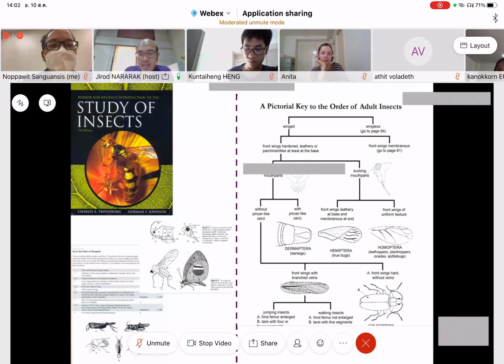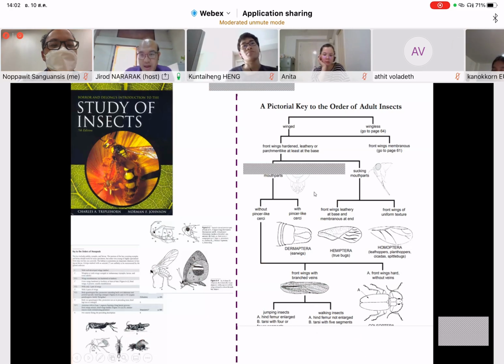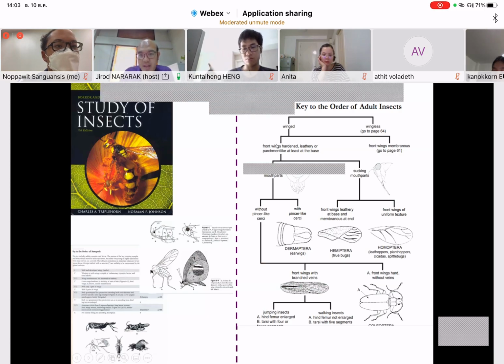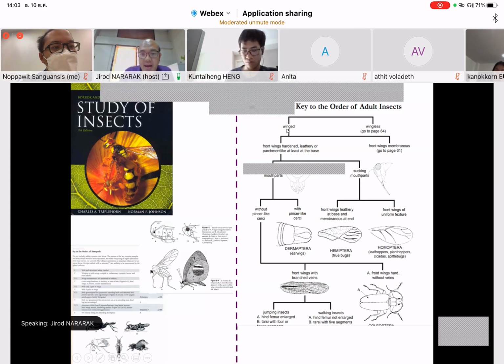The dichotomous key, di means two, so it always has two choices. If you have some unknown species, you can see here: wing or no wing. If they have wings, you go to this side, and then you identify the next level of characteristics of the insect. And then you go further until you get the answer.